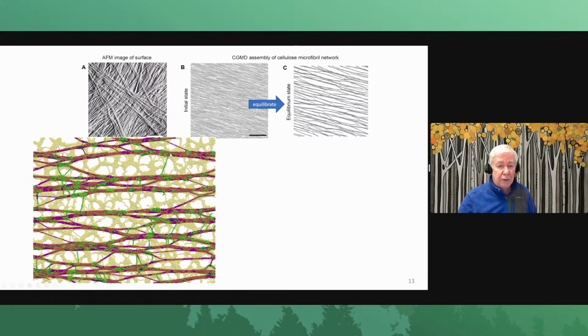The xyloglucans are shown in green, and you can see they assume lots of different conformations, many of which were seen in previous work from our group and consistent with other studies of xyloglucan. And the pectins are shown here in yellow, and they form a dynamic network which interacts with and binds to all the components, but those are fairly weak interactions.